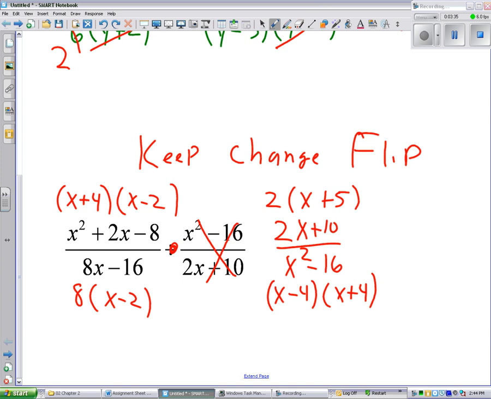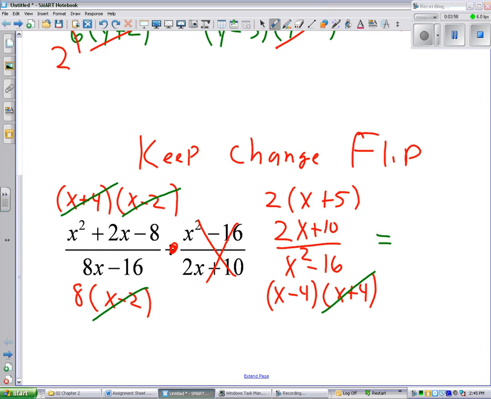Now, we cross out common factors on numerators and denominators. So, we have x minus 2 on the bottom, crosses out x minus 2 on the top, x plus 4 on the top, we cross out with x plus 4 on the bottom. Nothing else to be canceled, so now we multiply across.